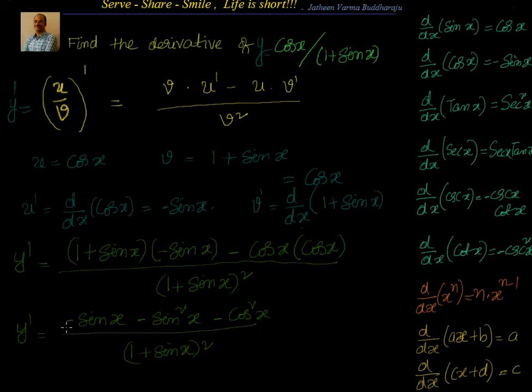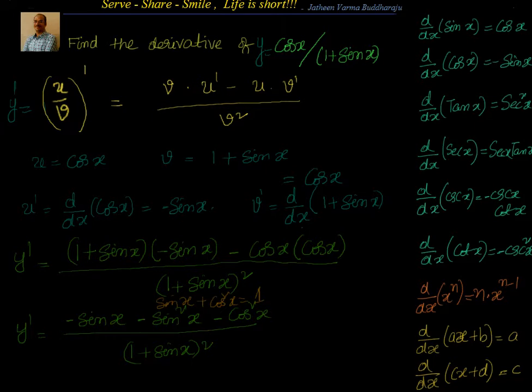Now we see here minus sin x minus sin square x minus cos square x. If you take minus out common, you will have sin square x plus cos square x, which is nothing but equal to 1. We know that sin square x plus cos square x is equal to 1.